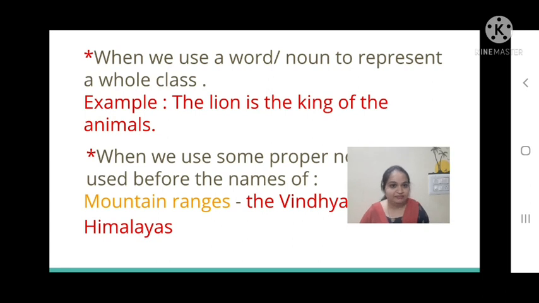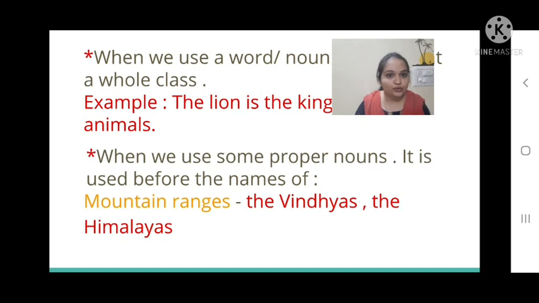For example, if I say lion, it is not only one particular lion, but we are talking about the whole community, whole class of lions as the king of the animals. The animals not only holds responsible for a group of deers or a group of tigers or a group of elephants. It is for all the animals which are living in the wild.